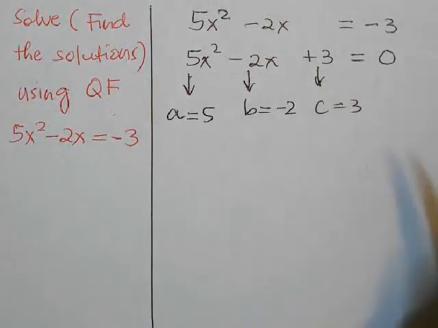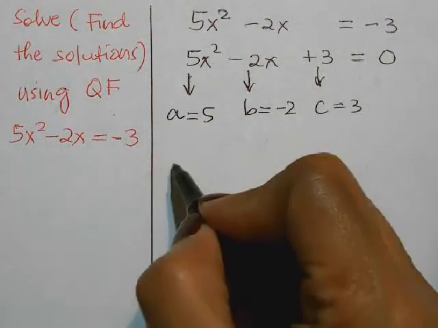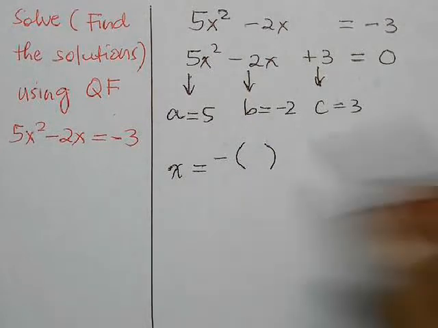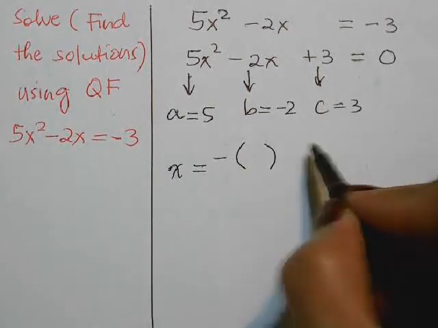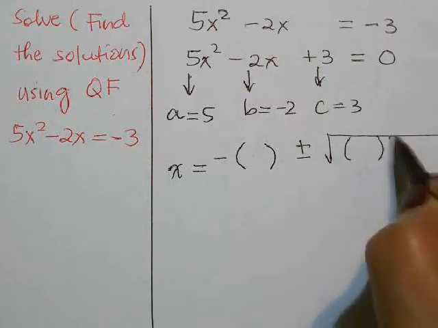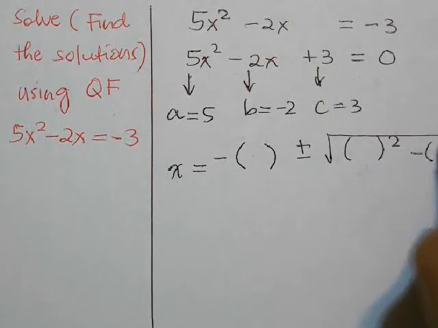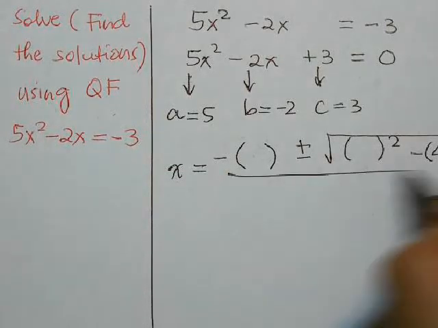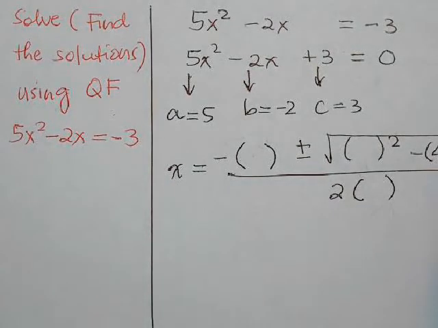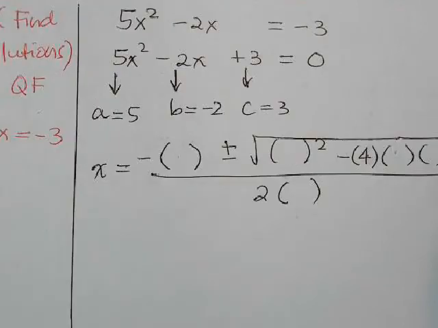Be careful when B is negative because in the quadratic formula that will be negative B. Okay, so that will be negative 2 plus and minus the square root of B squared minus 4 times A times C, all over 2 times A. Okay, so that is your quadratic formula.